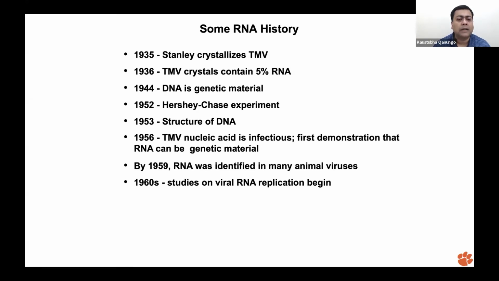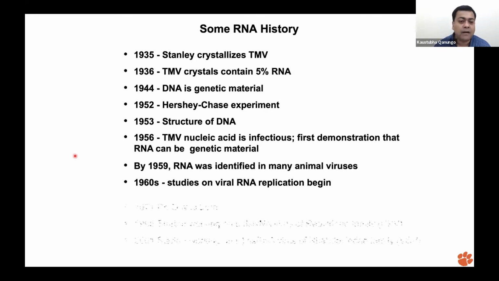In 1959, RNA was identified in many animal viruses. And in the 1960s, studies on viral RNA replication began, mainly with a hallmark discovery by David Baltimore, which we are going to talk about.